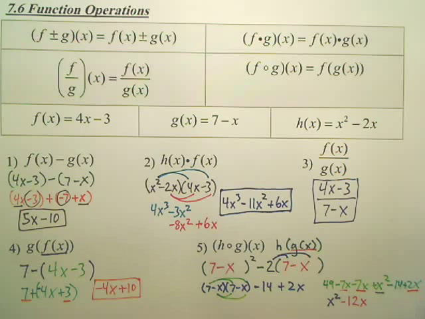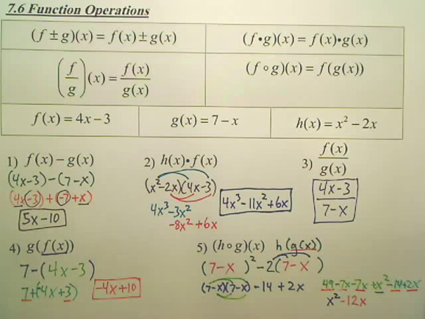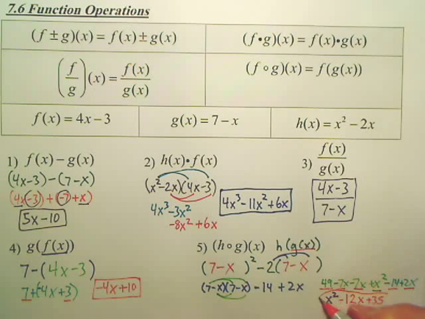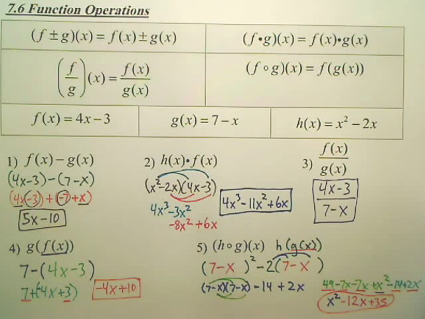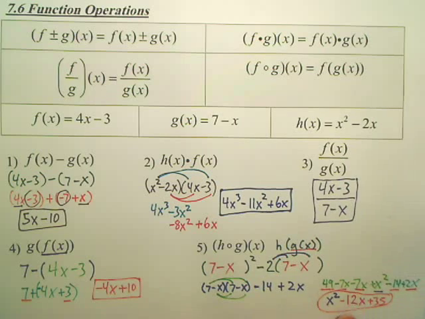And the last one is, look at the numbers. 49 and negative 14 would be 35. There's my answer. So we took g and plugged it into h, and then we simplified it down.